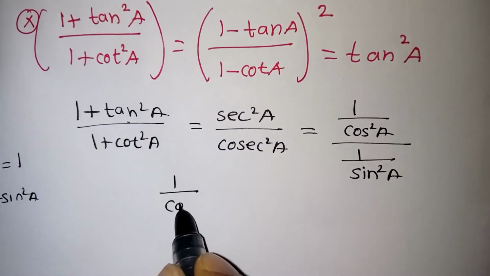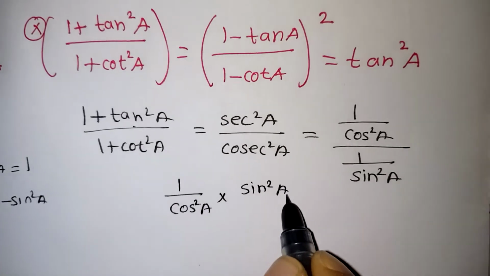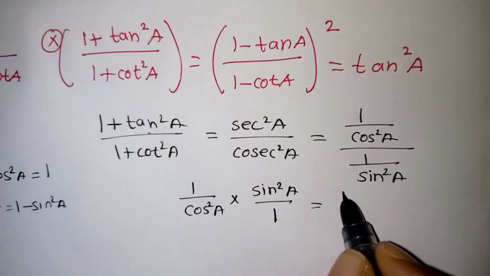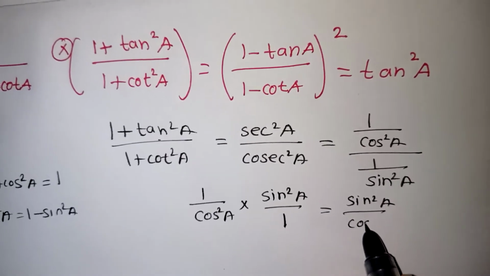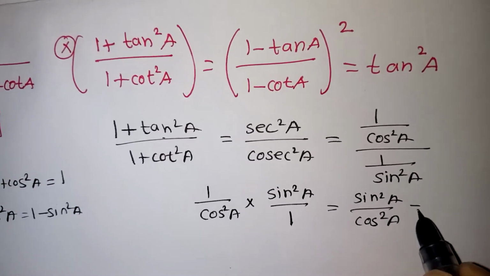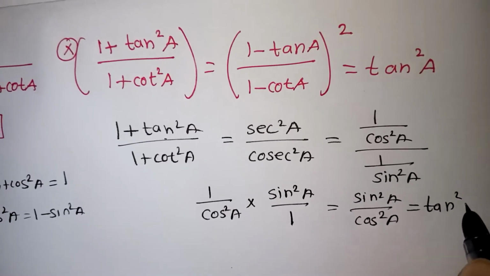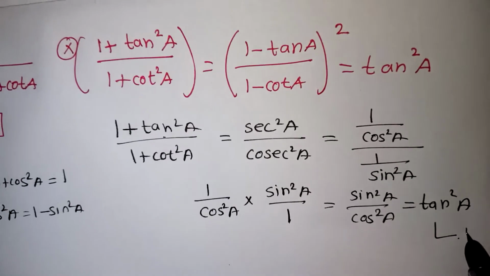So the numerator we have 1/cos² A multiplied by sin² A/1. So 1 into sin² A by cos² A into 1 will be sin² A/cos² A. So sin A by cos A is already tan, and the square is there. So this is the answer, tan² A. So the first term is equal to tan² A. So this is the first proof.